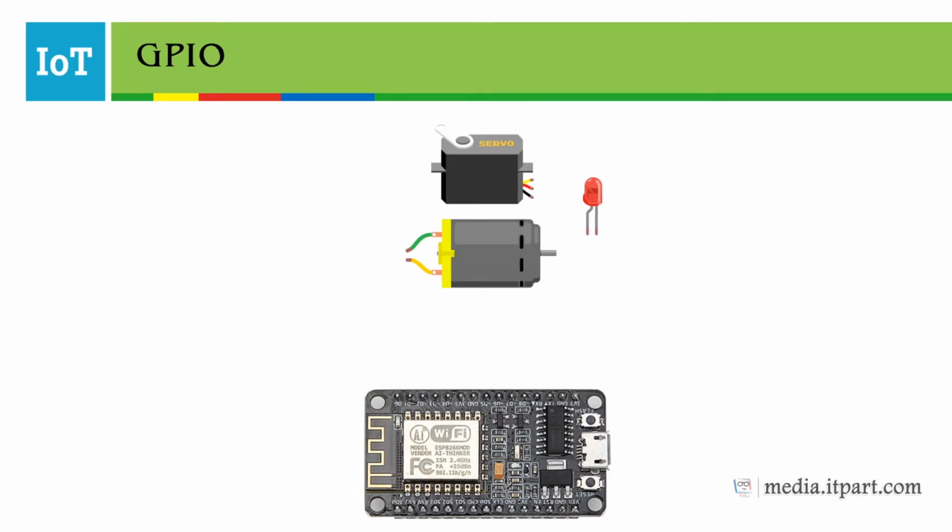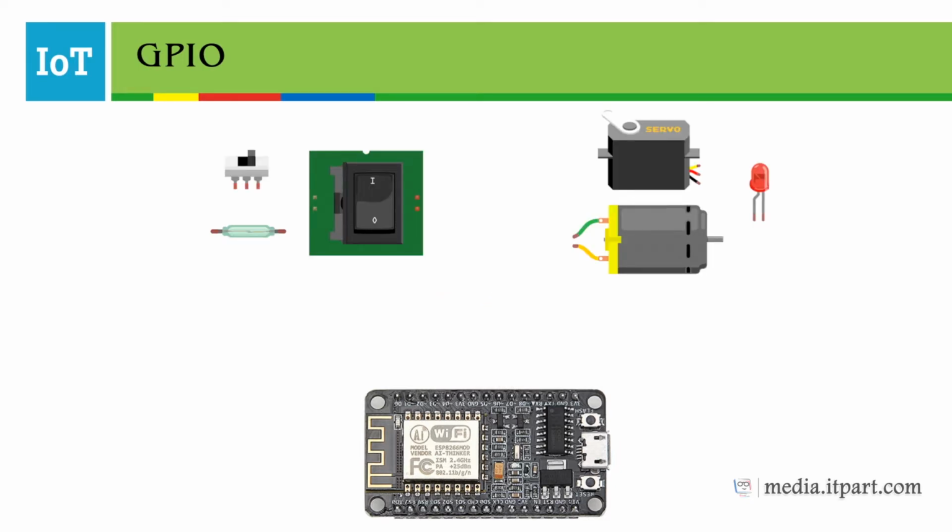For output, you can use this pin, D7 of course, to control a physical thing, device, or an actuator in the real world, like motors, servos, lights, solenoid valves, and so forth.